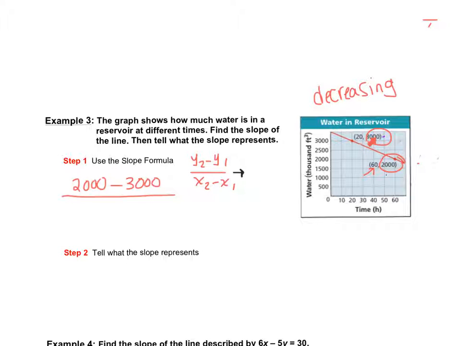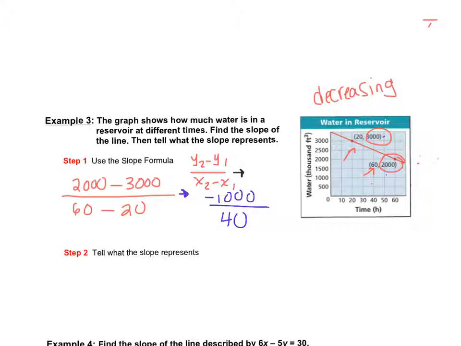And if this is y1, then this has to be x1. So y2 is 60 minus y1, which is 20. And we go ahead and do our math. And we get 2,000 minus 3,000 is negative 1,000 over 60 minus 20 is 40.